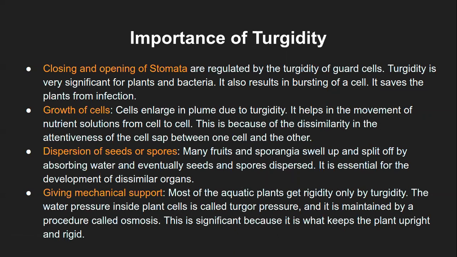They also get mechanical support because of the turgidity of the cells, and over time they obviously develop xylem and phloem and then sclerenchyma-like tissue, which adds to their mechanical strength later. But turgidity is one of the major phenomena which is giving mechanical support to the plants.